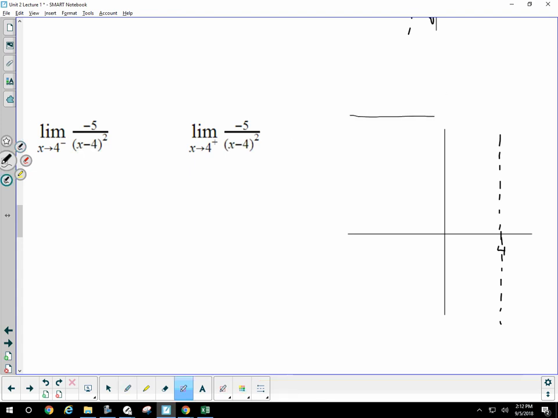It may help to use a number line to understand what a value like 4 from the left is and what a value like 4 from the right is. Check your answers with a neighbor.